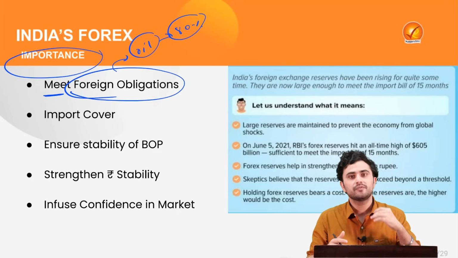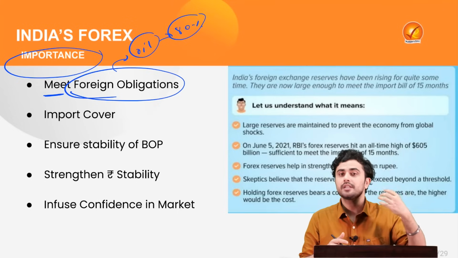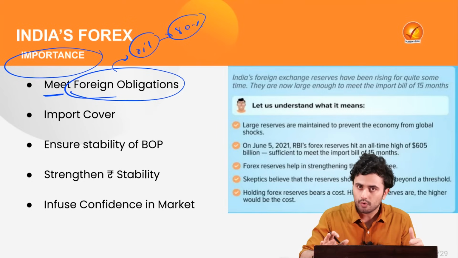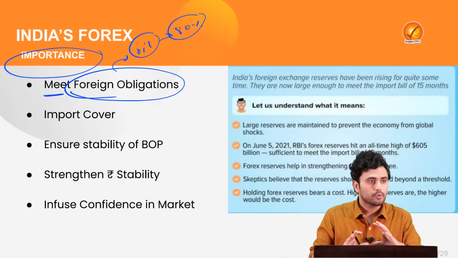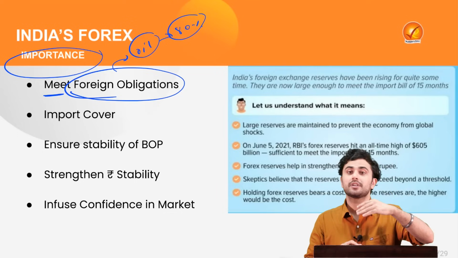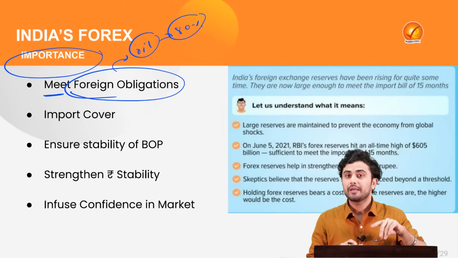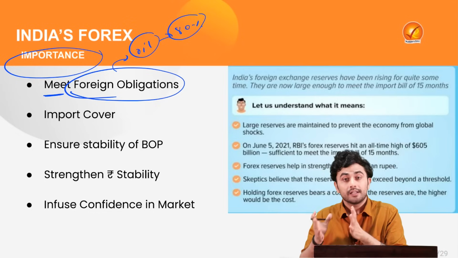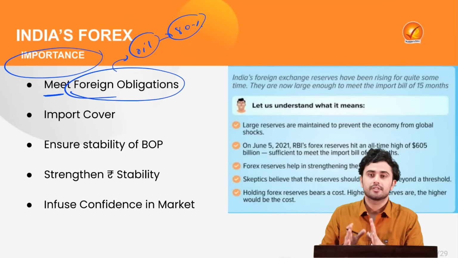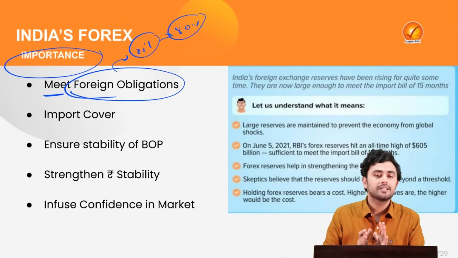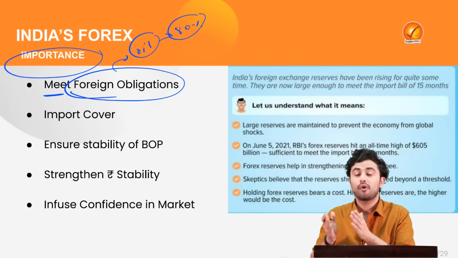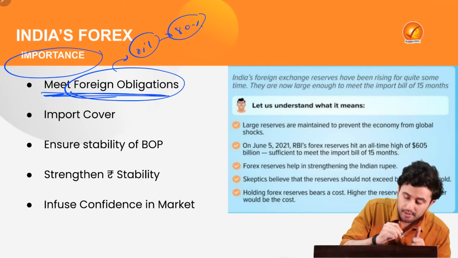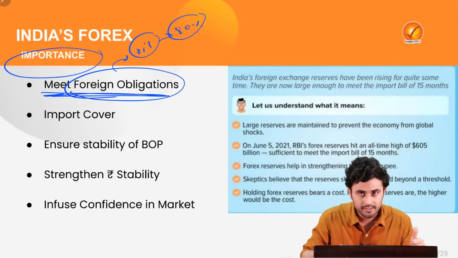And many a times we need to make this payment in internationally accepted currencies such as dollars and euro. Also, there are several kinds of debts which our country has taken, and payment for that also goes in these foreign currencies. Thus, such foreign exchange reserves ensure that India will be able to pay for its external obligations. Thus, we'll be able to meet our foreign obligations.